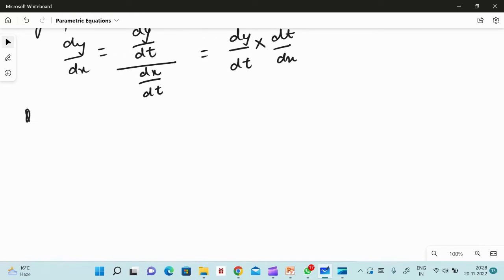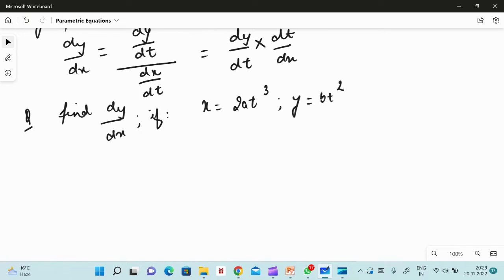Let's take our first question, in which it is given: find dy by dx if x is equal to 2at cube and y is equal to bt square. So how will we be able to solve this? x is equal to 2at cube.